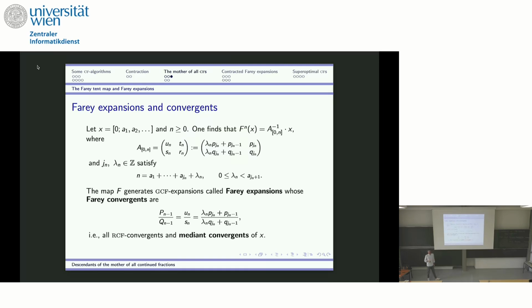So if you notice, if lambda n is actually equal to 0, so you get rid of this term, you run through all of the regular continued fraction convergents of x, and then for non-zero lambda, you obtain what are called the mediant convergents of x. So the Farey expansion is a semi-regular continued fraction expansion of x, whose convergents are all regular continued fraction convergents and mediant convergents.